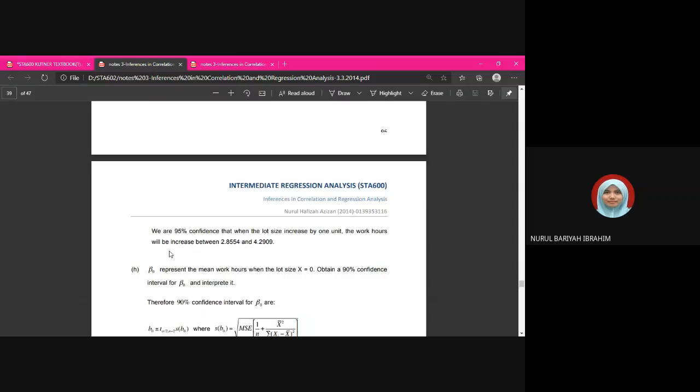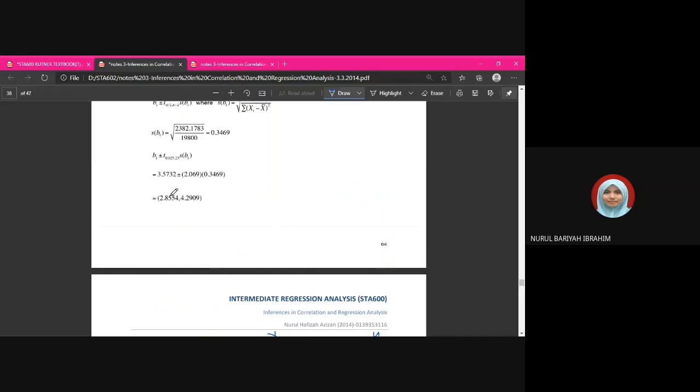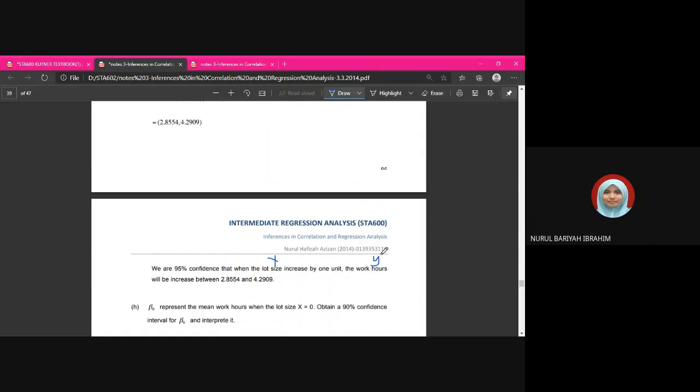So we can say that we are 95% confident that when the x increases by 1 unit, the mean for y will increase between these two values. Ataupun kena letak kat sini tu, kena letak dia punya unit which is hours.